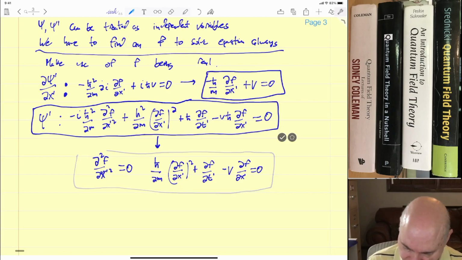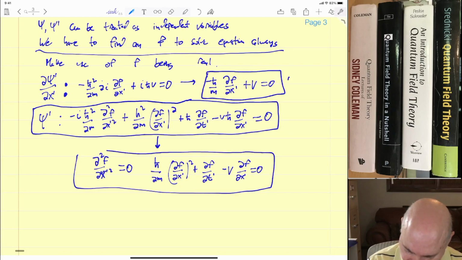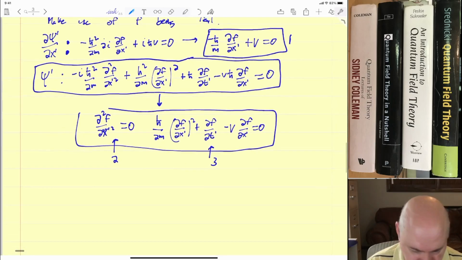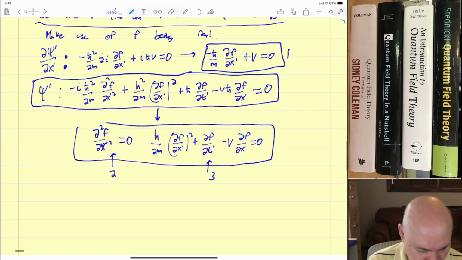So now let's call this equation 1. Let's call this equation 2. And let's call this equation 3. These are the three equations we have to solve. Okay. Let's start with equation 1. That's pretty easy.